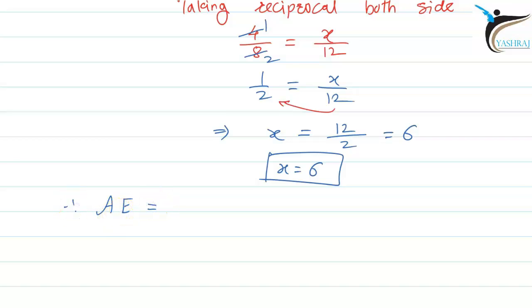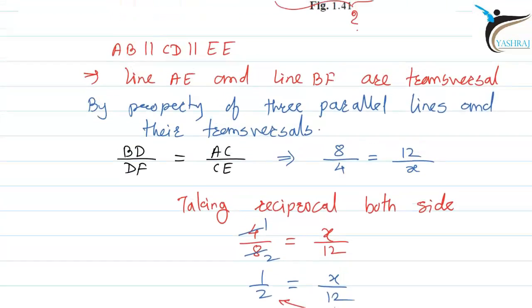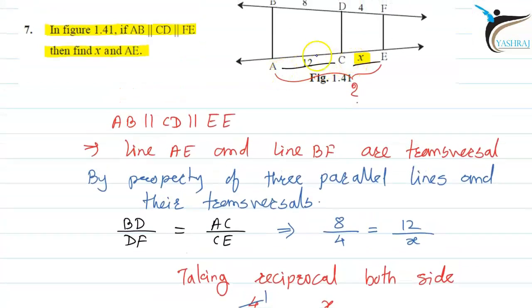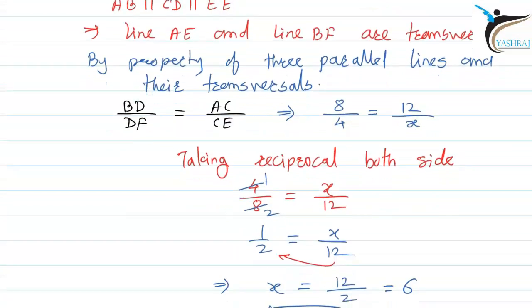Look at the figure once carefully. The points A, C and E are collinear, lie on the same line, so we can write AE as AC plus CE. AC is already given as 12 and the x value we have now is 6.